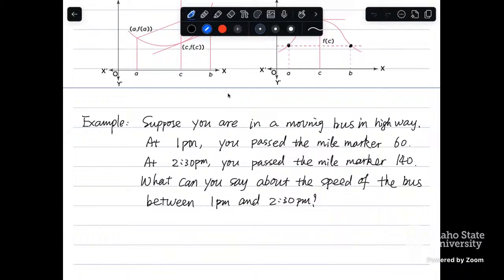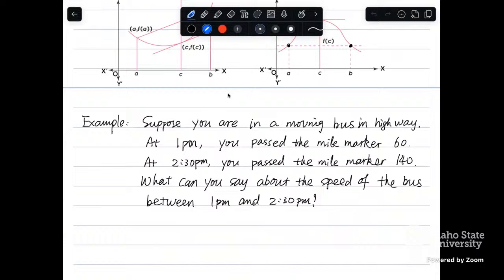If you take the Salt Lake Express to Salt Lake City, for example, at 1 p.m. you pass mile mark 60, and at 2:30 p.m. you pass mile mark 140, right? What can you say about the speed of the bus between 1 and 2:30 p.m.? The speed of the bus may change during this time, right?